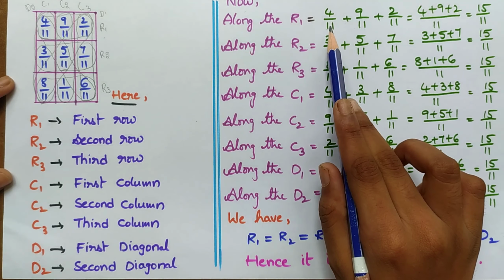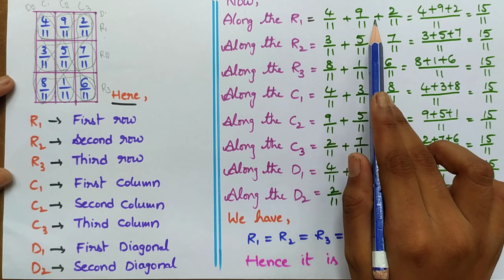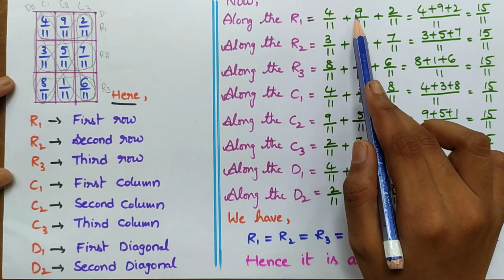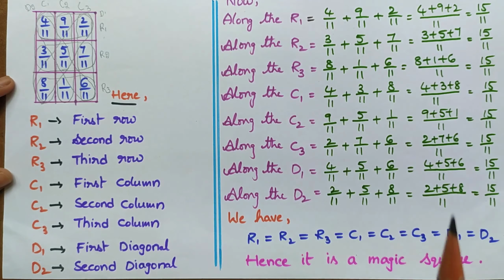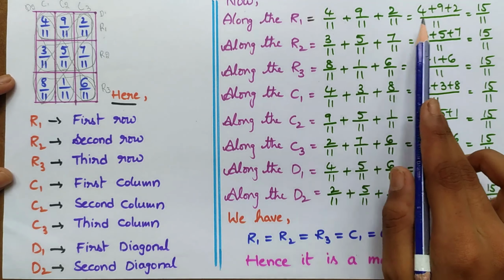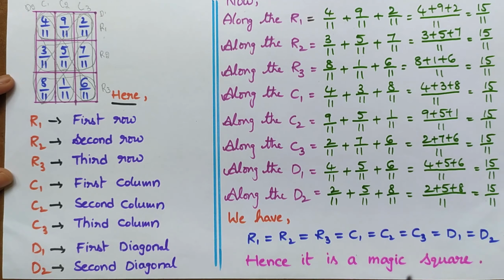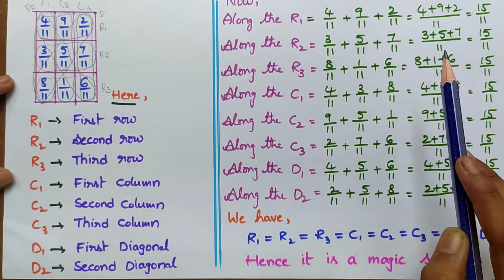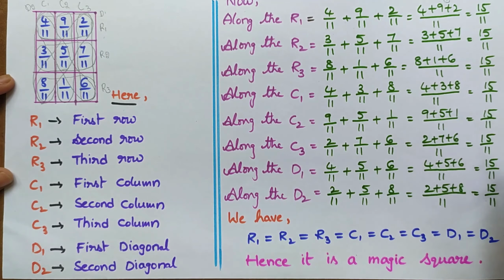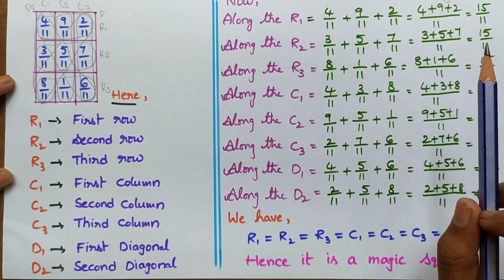Here the denominator is 11. So let us write 11 and 4 plus 9 plus 2. Therefore 4 plus 9 plus 2 by 11, which equals 4 plus 9 is 13 and 13 plus 2 is 15 by 11.